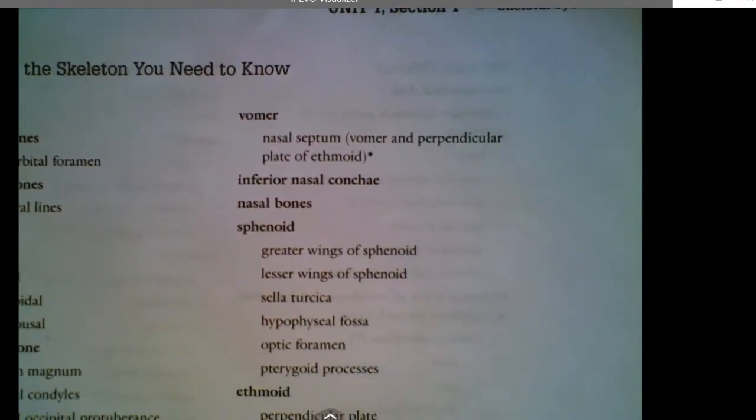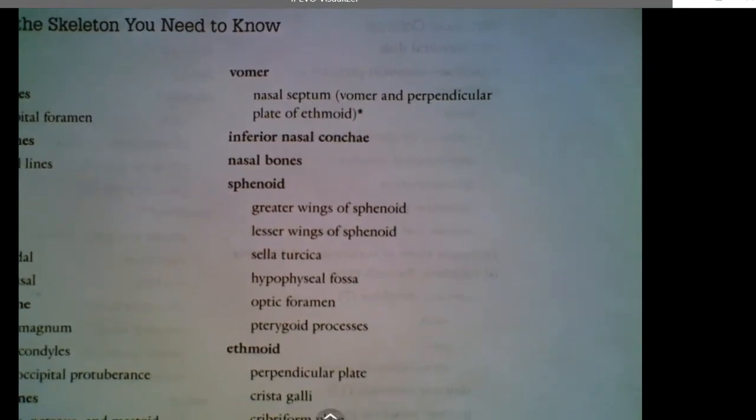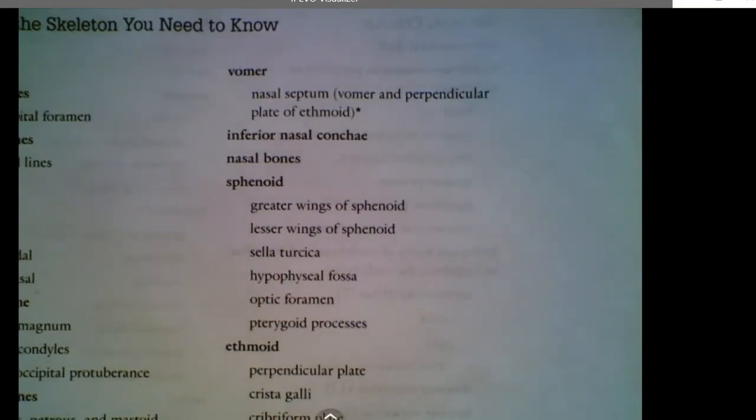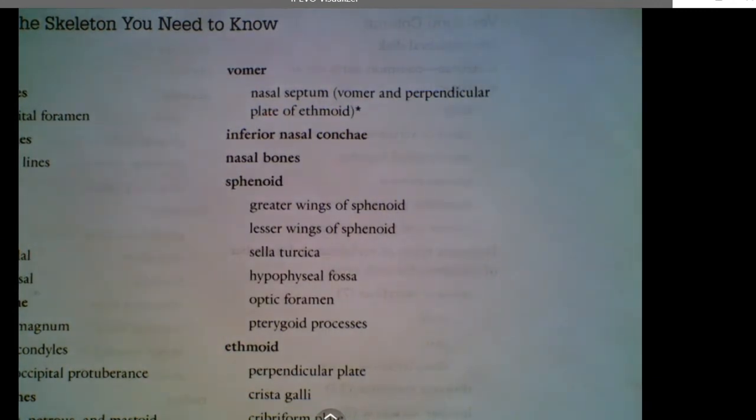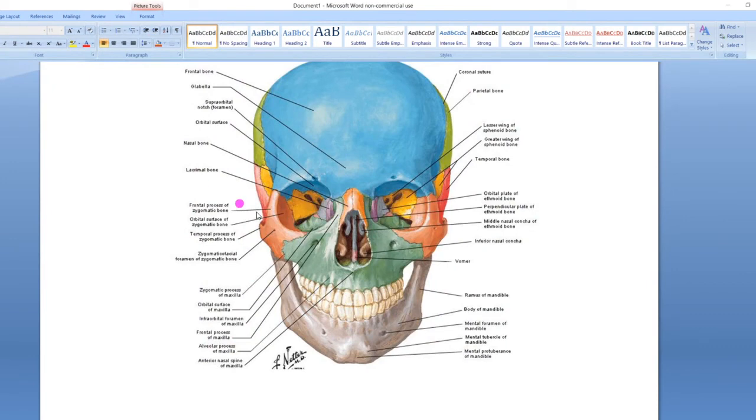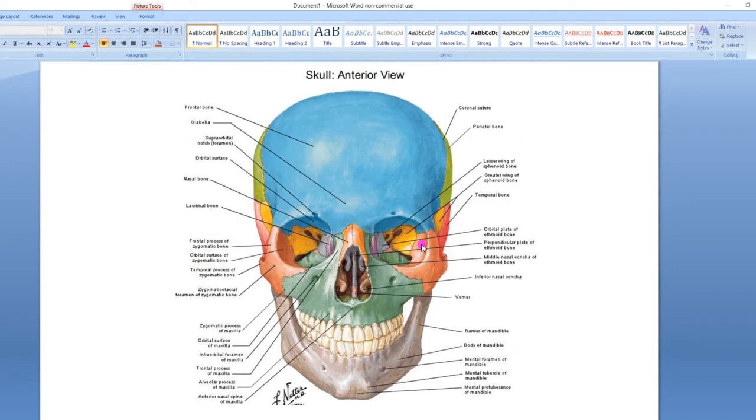Let's move on. The top of the next column is the vomer bone. The vomer has a few structures that we need to know. The vomer is a small bone that is located on the front of our skull, or we'll see it on the frontal view. If we look directly at our skull, you'll notice that your nose hole contains a line that goes through it, this bone, like a wall.